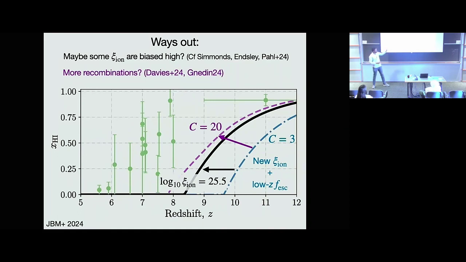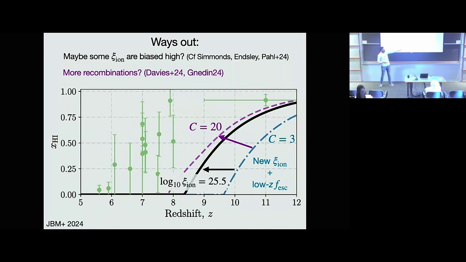So if you just take 25.5, which, looking at a few slides ago, is roughly towards the lower part of where these measurements are, you still have a problem. If you increase the number of recombinations, and there are theoretical reasons to do so, for example, Fred Davis has been arguing for years there are more recombinations than we expected, and recently claims to have measured a higher recombination rate in the Lyman alpha forest, you can also move this curve, but you don't move it enough. You don't get all the way to where we should be.